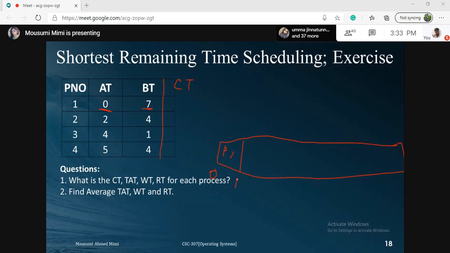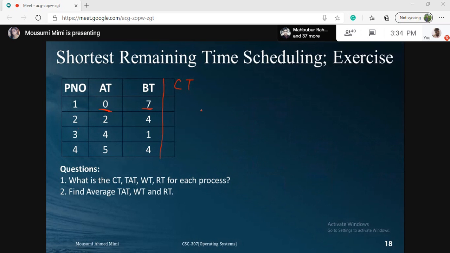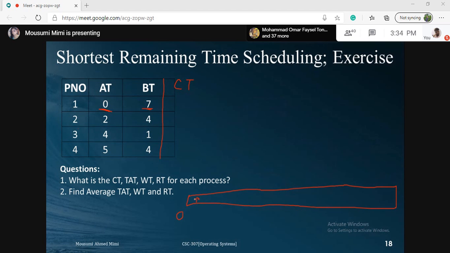So within 1 second, no process is come. So I can continue the task within 2. So I continue within 2.